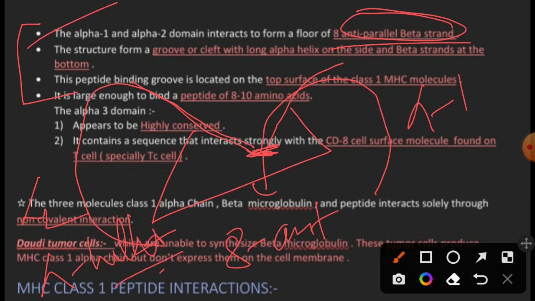That means the alpha helix and 8 antiparallel beta strands together form the groove or cleft, where a peptide containing 8 to 10 amino acids will bind.